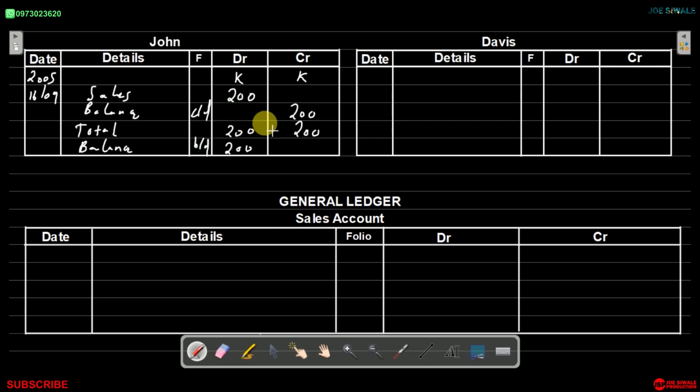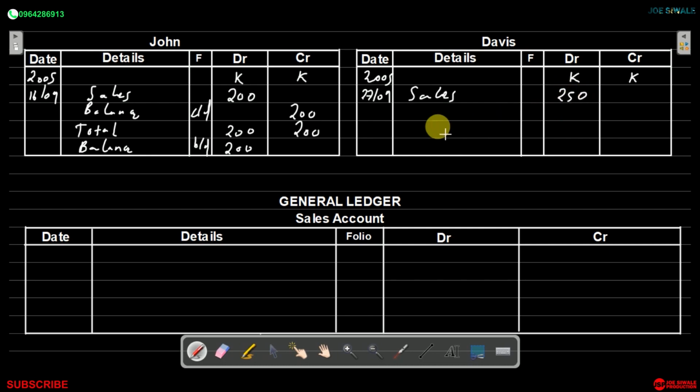So the first thing that we're going to do is to write down the year. So 2005, we're going to put our kwacha there, then we know that the date is the 27th of September. So we're going to say sales there, and you're going to debit it with 250.